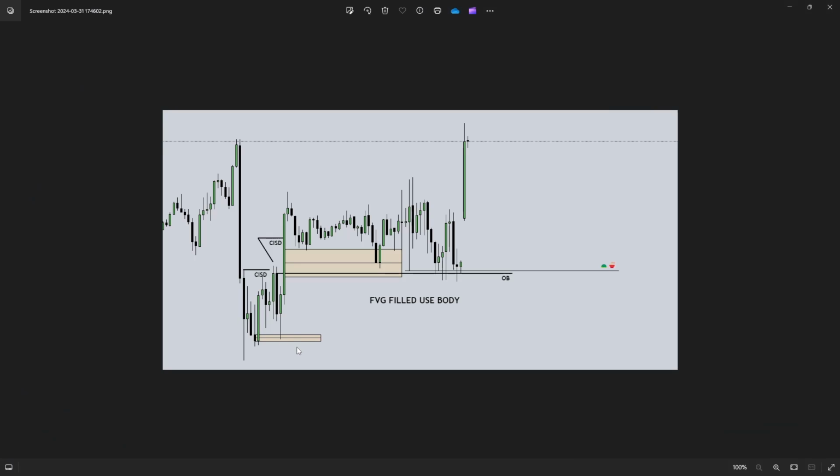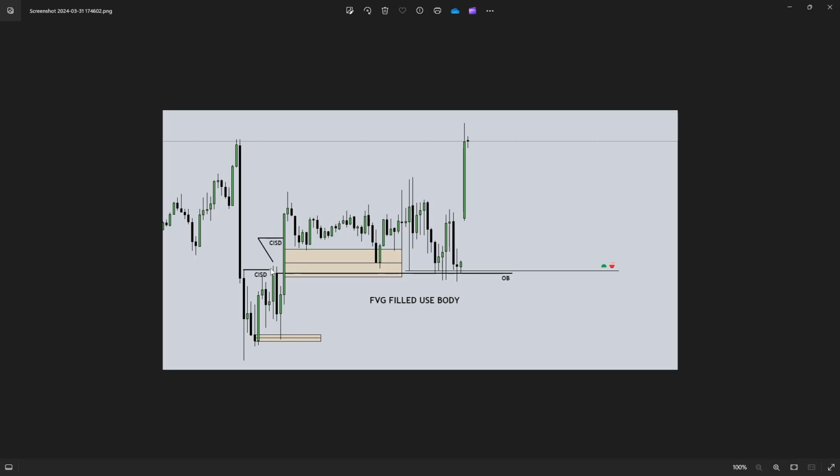As we can see here in our first example, we sweep the sell side, raid stops, create a low time frame CISD, right? React off the order block, create another CISD, and then react off the order block again. Correct? So after creating two CISDs, you can see this one as a breaker.